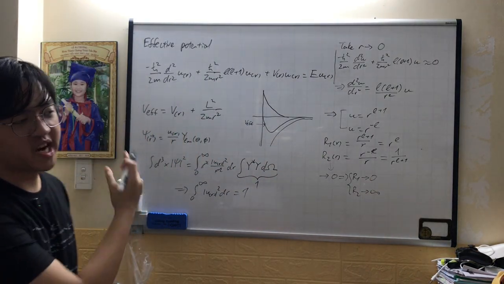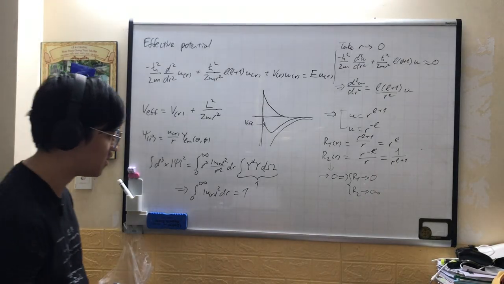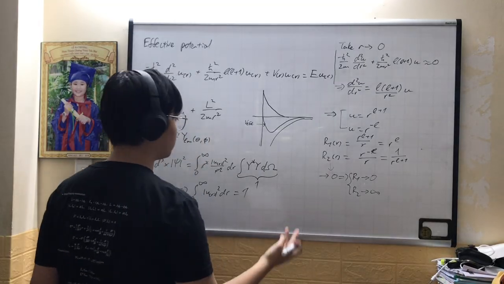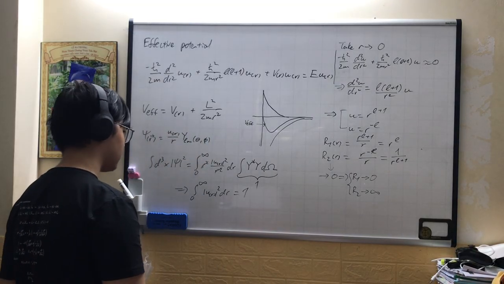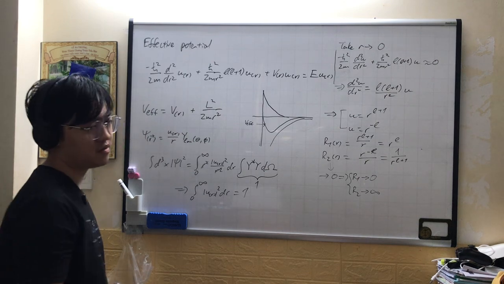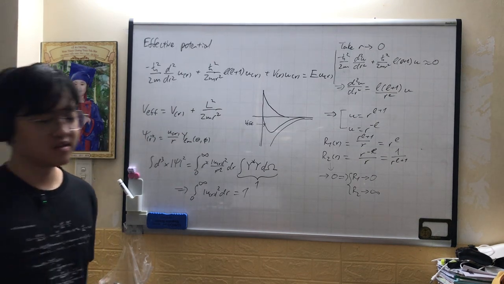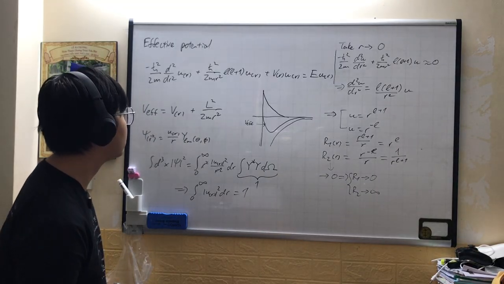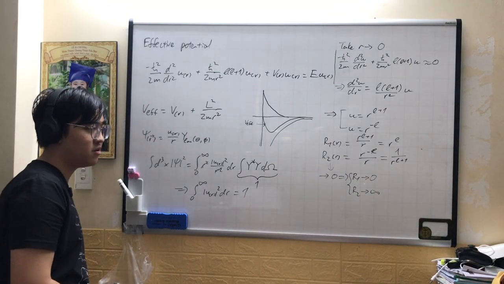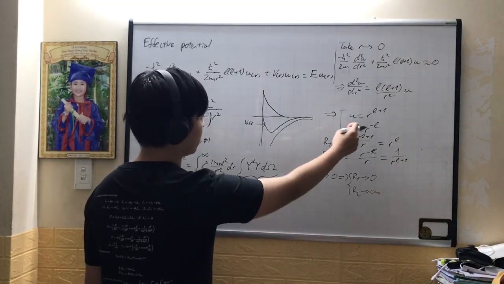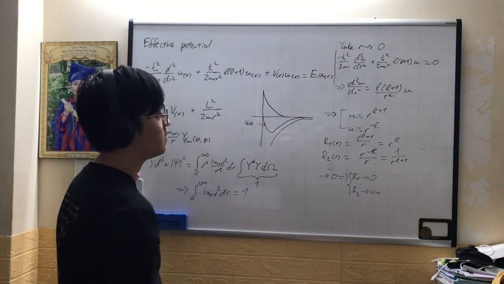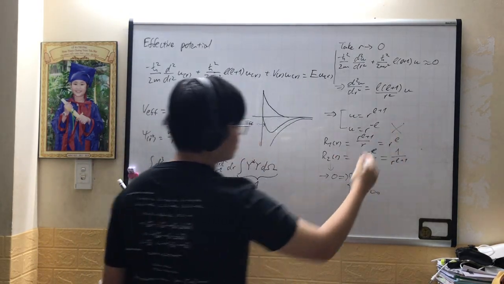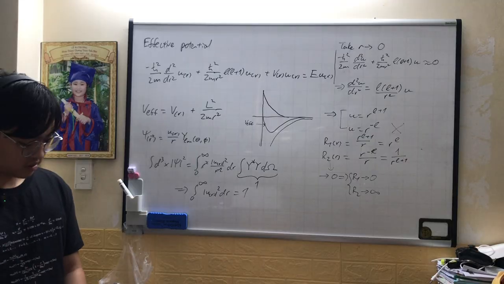Therefore, it would spike up as a delta function at the origin, which is not acceptable because it is a potential, so it has to be 0 at the origin. That is pretty brief since this part is not very long but very important. Remember to take r to the l plus 1 instead of r to the minus l. So we cross this one away. It cannot be our solution.